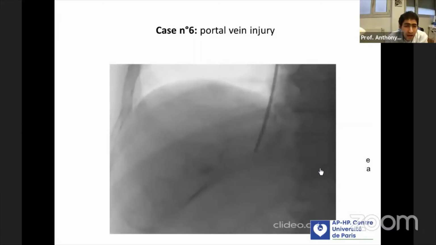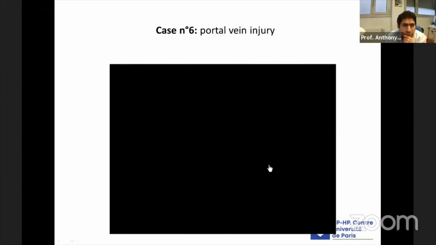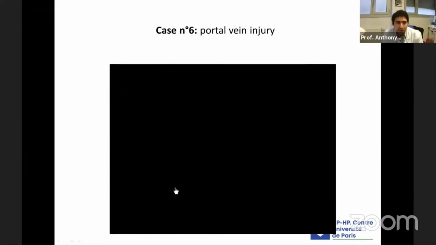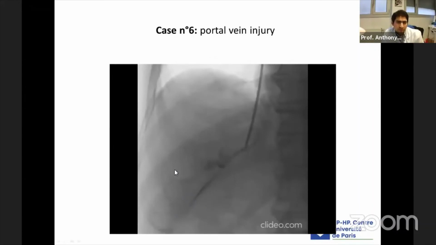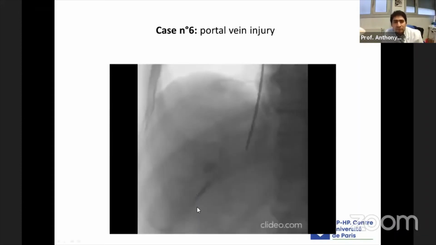You can also have a portal vein injury. If you opacify after the biopsy, you can opacify the portal system. It's a bit like if you tried to do a TIPS. But the portal system has a lower pressure than the arterial system, and usually this will heal simply by itself.